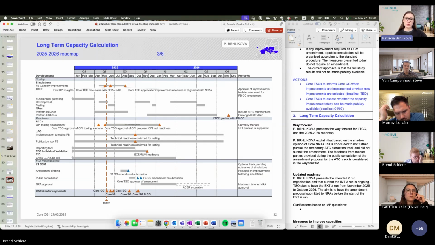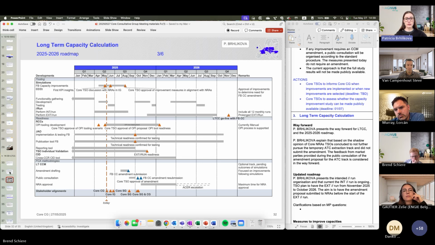We would like to provide as much as we can, also mimicking the timing of capacity calculation in production. And we will then provide you with all the information on the publication and how this aligns with JAO timings. We are monitoring closely all the dependencies, especially the readiness of external systems.